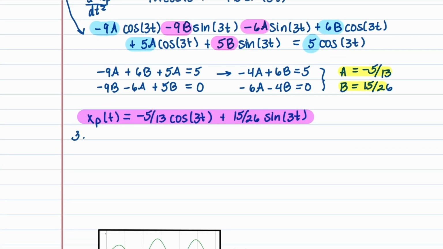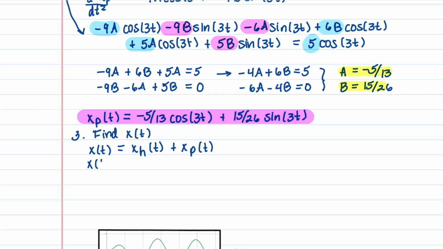What we want to do next is find the general solution, which is x of t. X of t was our homogeneous solution plus our particular solution.